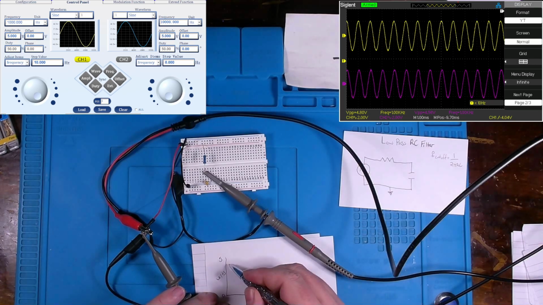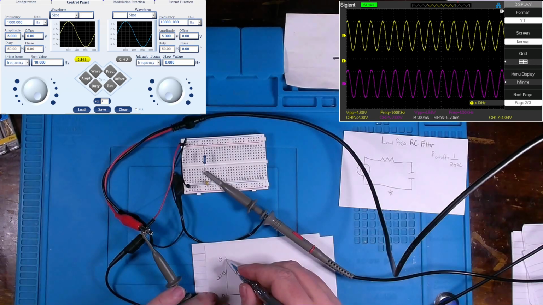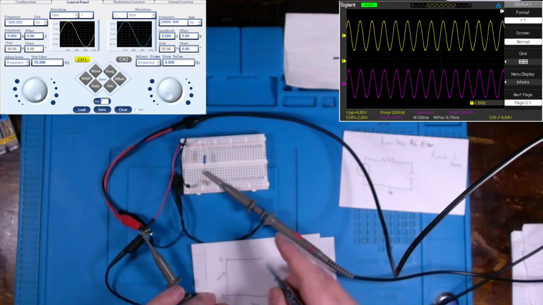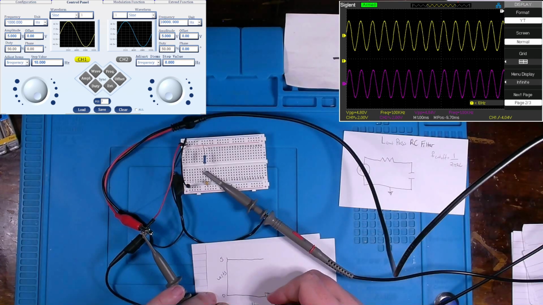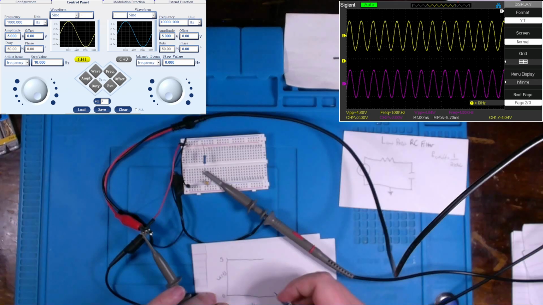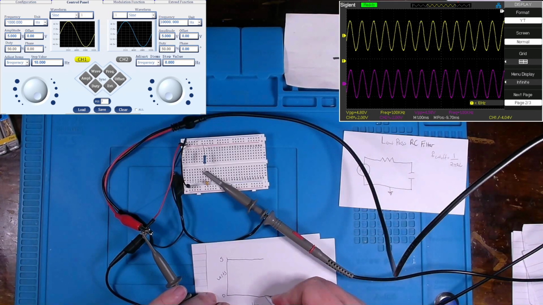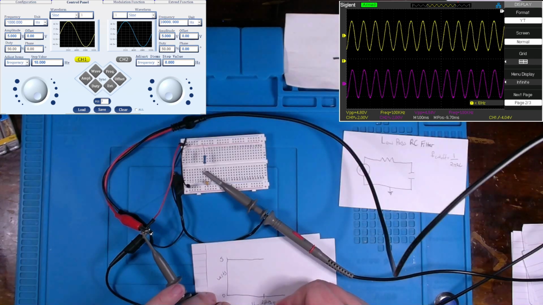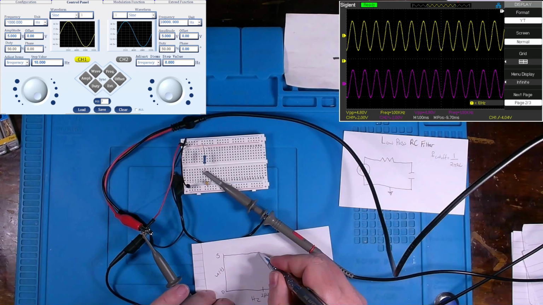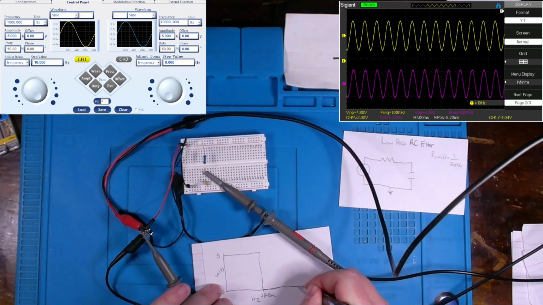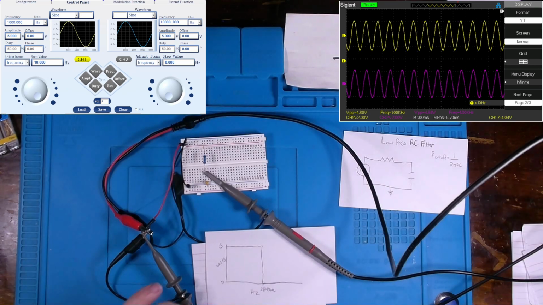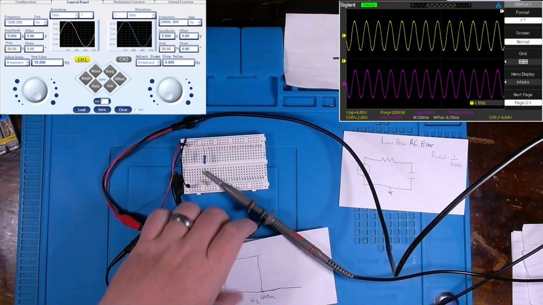Ideally, as our frequency increases, it should stay at a steady 5, and then right at this 2842, you would like for this just to automatically null out and go to 0.